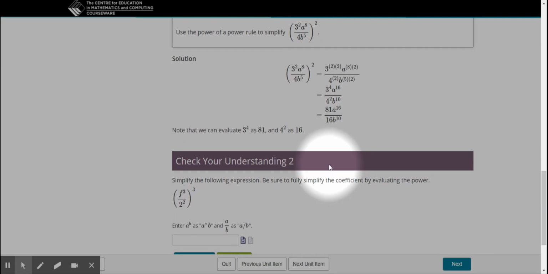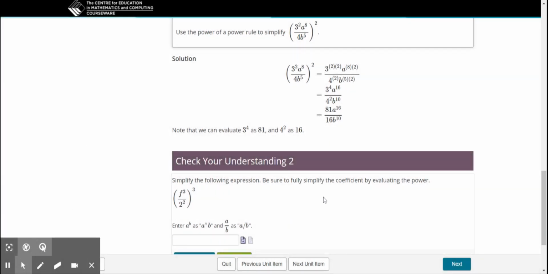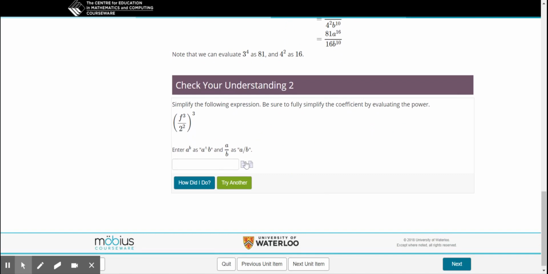And of course, now we're going to do a little bit of practice like we do often. We're going to do one example together, and then we want you to complete, as always, 5 or 6 on this page. So let's look at our question. Simplify the following expression. Be sure to fully simplify the coefficient by evaluating the power.